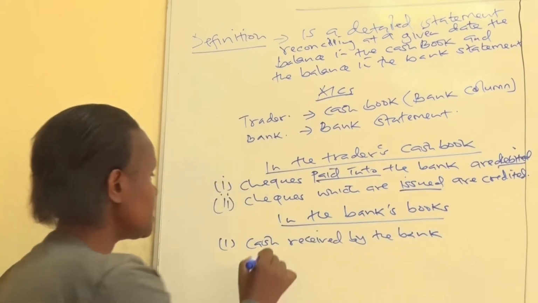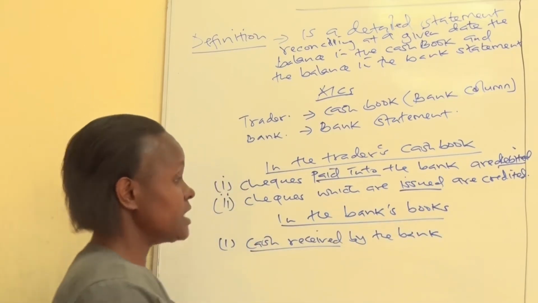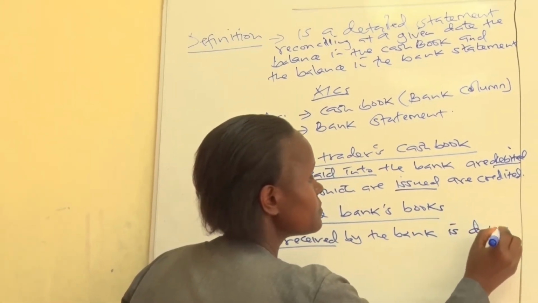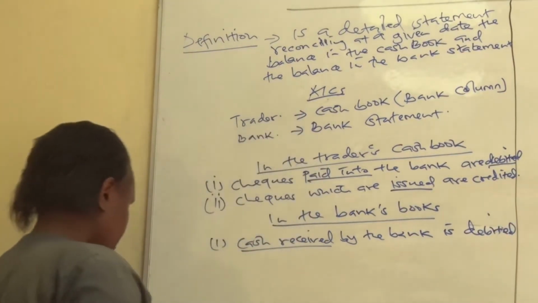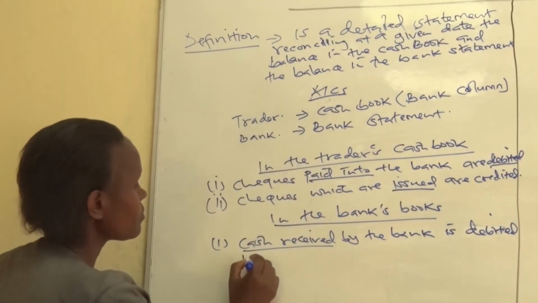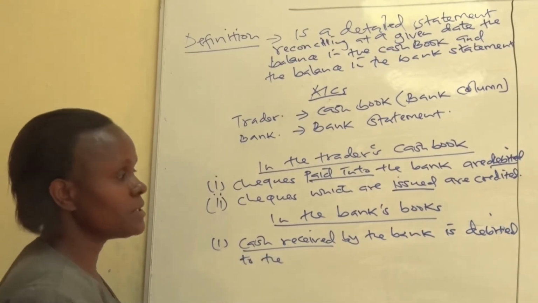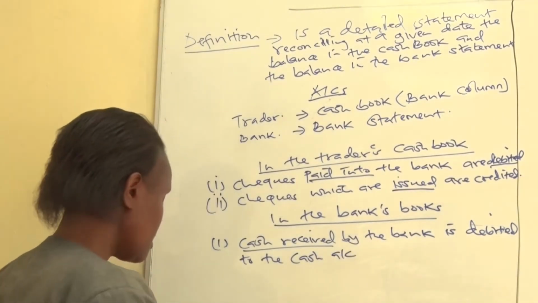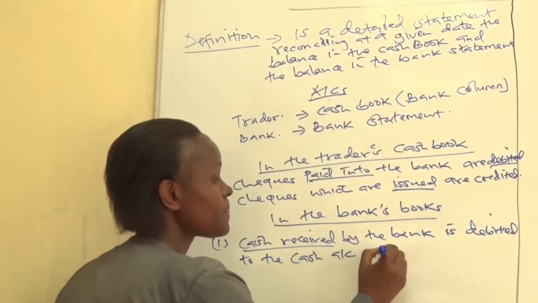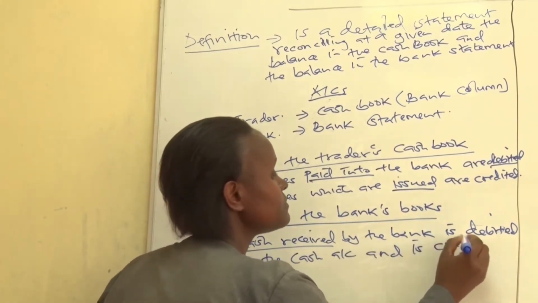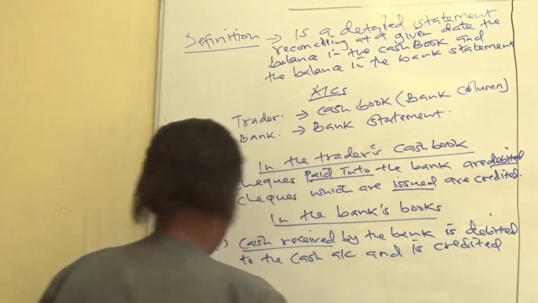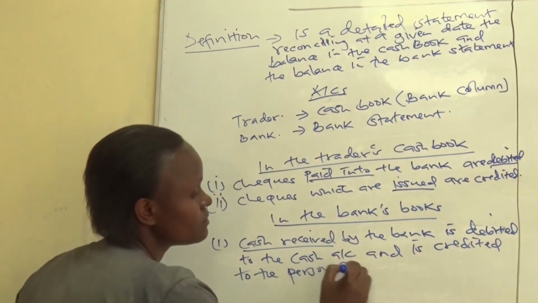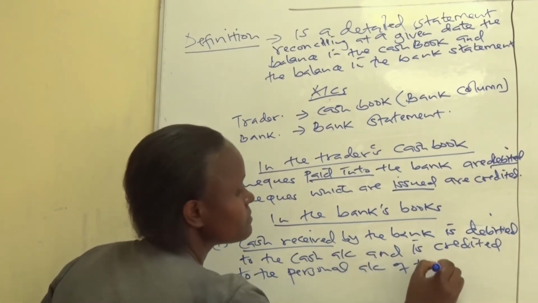The cash received by the bank is debited in the cash column or the cash account, and it is credited to the personal account of the trader.